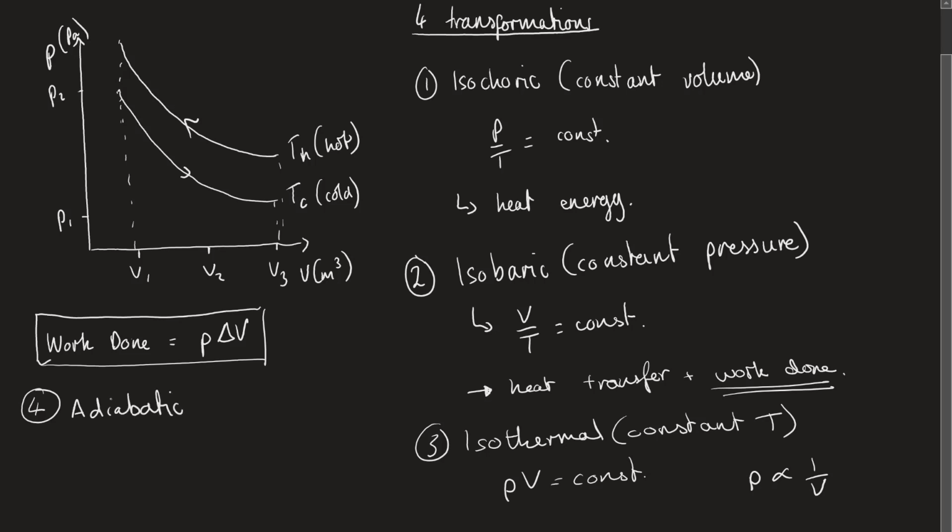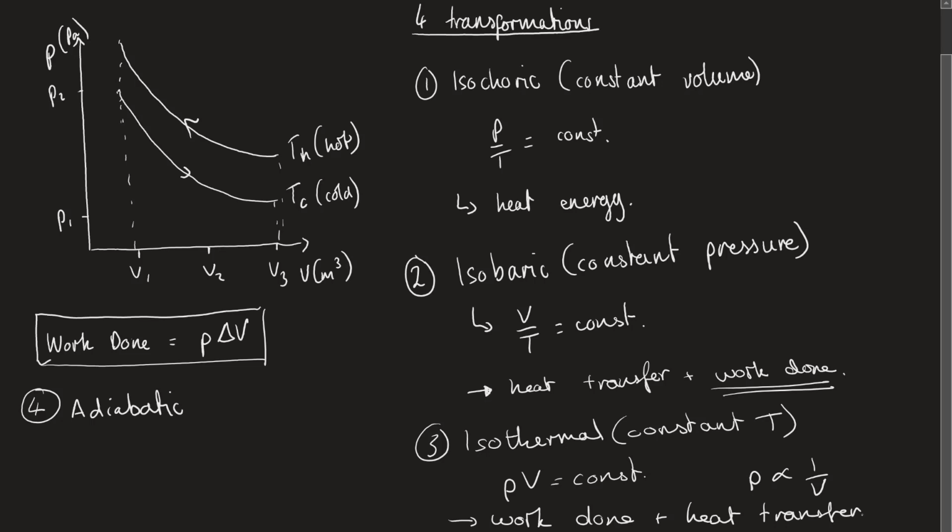And an adiabatic transform means that we have a boundary of the system so that there's no heat transfer with anything outside. In an isothermal change, there is also both work done and heat transfer.